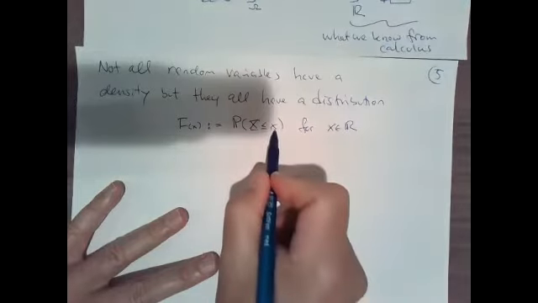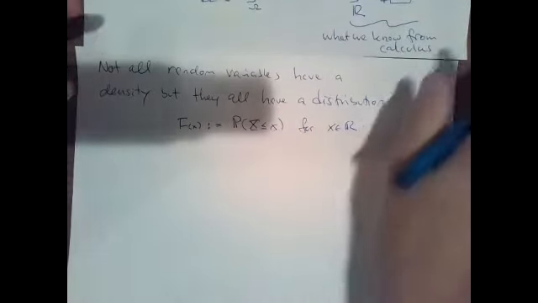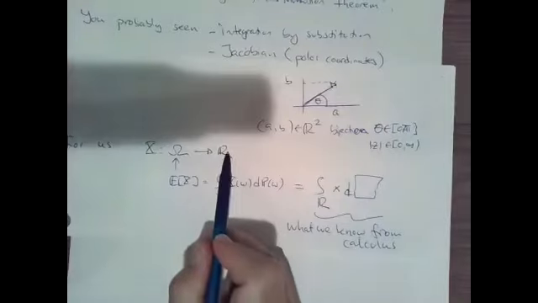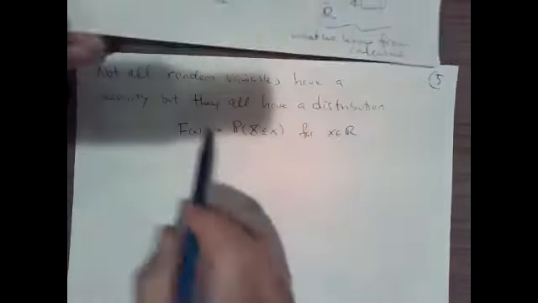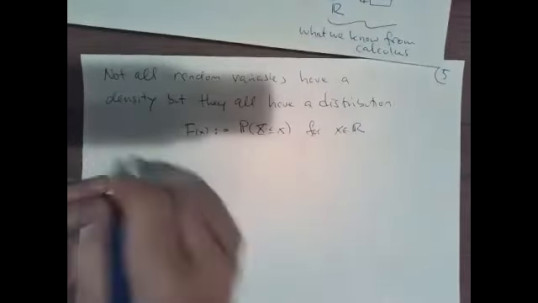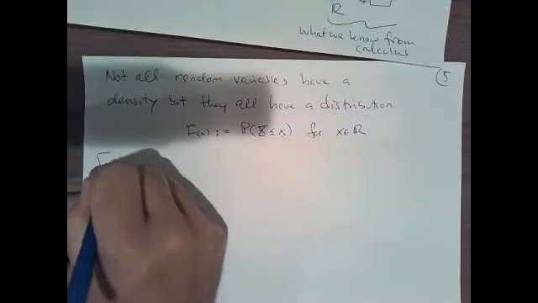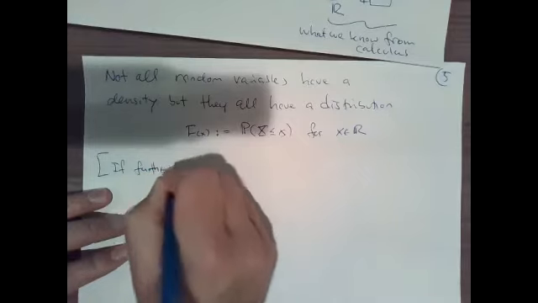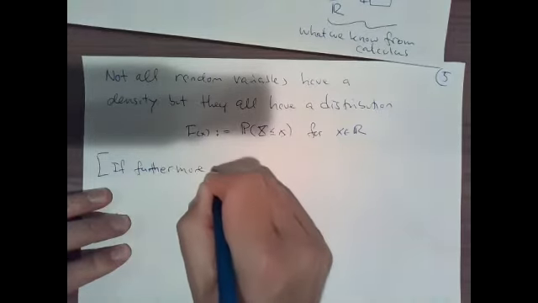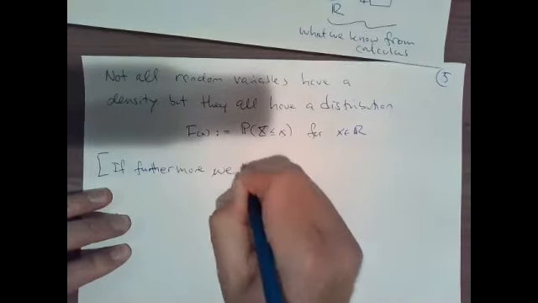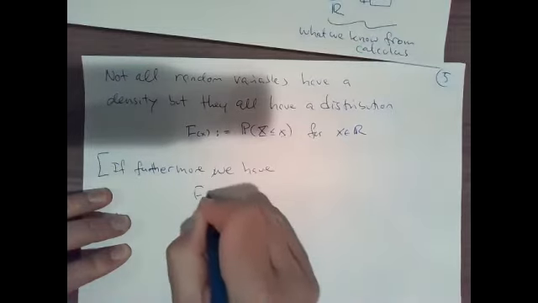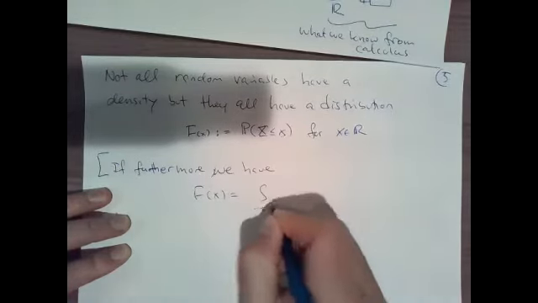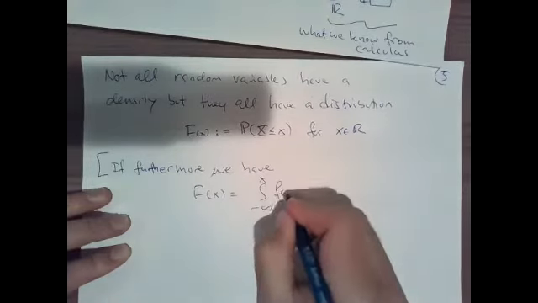And so again, x here, this is what happens over in the codomain. This is a value over here in R. So you all have that. Furthermore, if X also has a density, we'll have that F of x can be written as an integral from minus infinity to x of f of y.